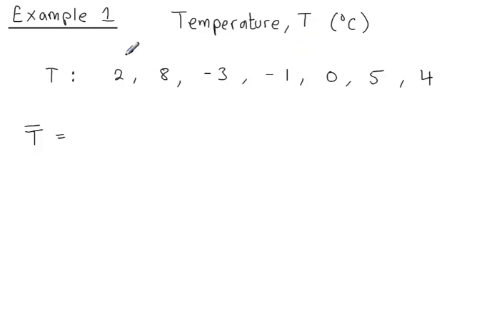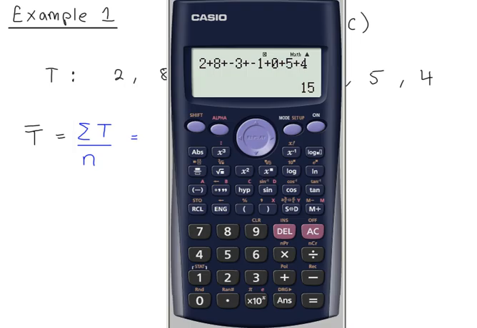In this example, we have a list of numbers and we're trying to work out the mean temperature. So we have to add up the data first. So add up all of the t values here first, and then divide by n, the number of data values. Adding up the data values gives you 15.